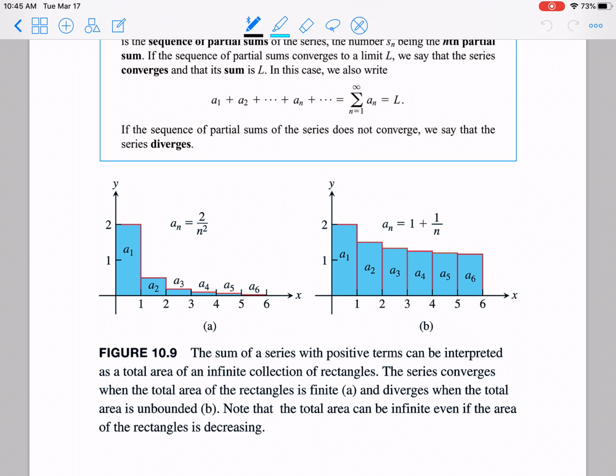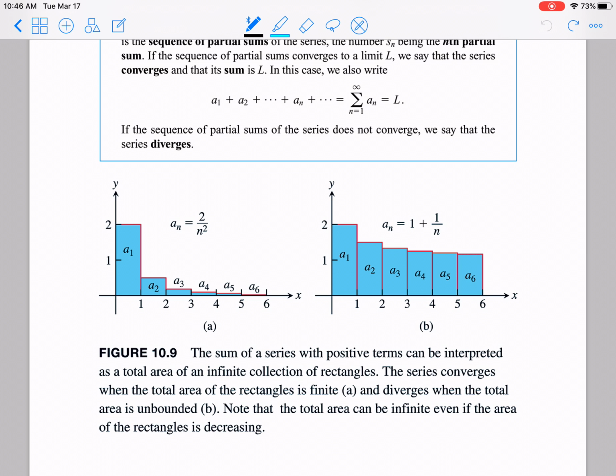the sum of a series with positive terms can be interpreted as the total area of an infinite collection of rectangles. The series converges when the total area of the rectangles is finite. That's in picture A. And it diverges when the total area is unbounded. Note that the total area can be infinite even if the area of the rectangles is decreasing.